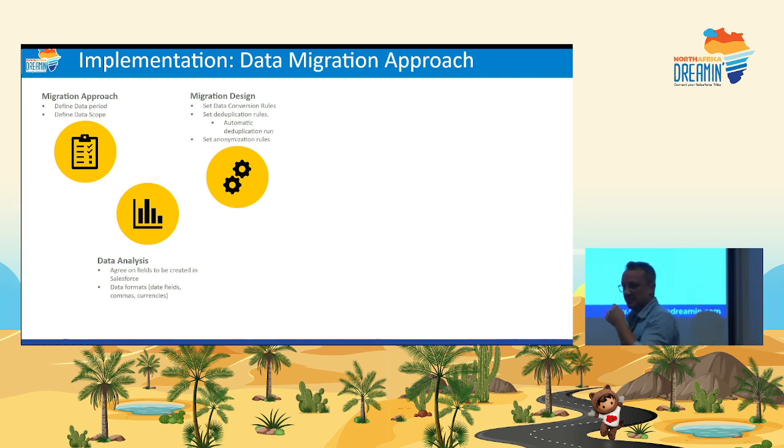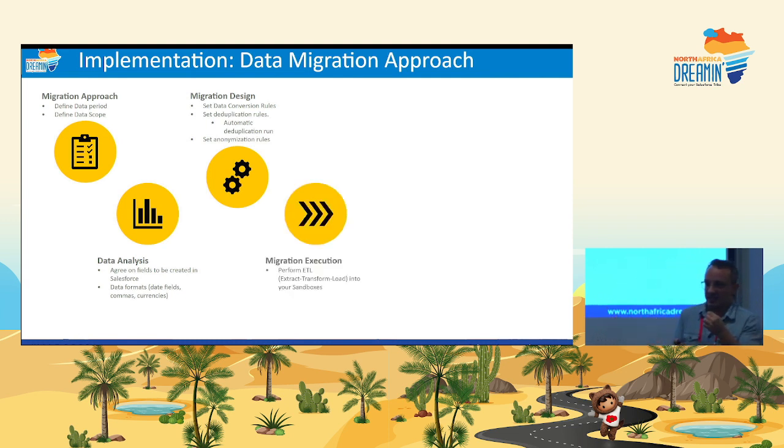If you have date fields, if you have duplications, how you're going to identify them, what you're going to do with them. Some of the data should be kept private, so you need to anonymize some of it. So those types of things are really important when migrating data.